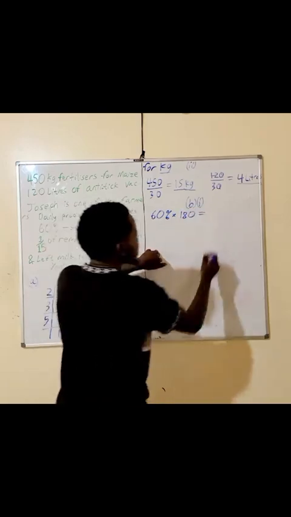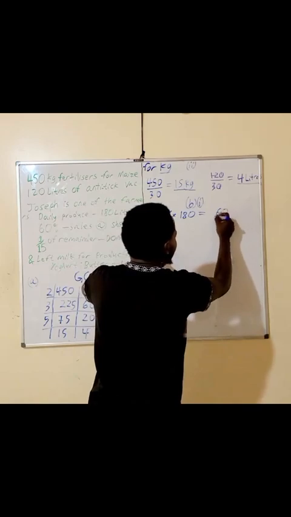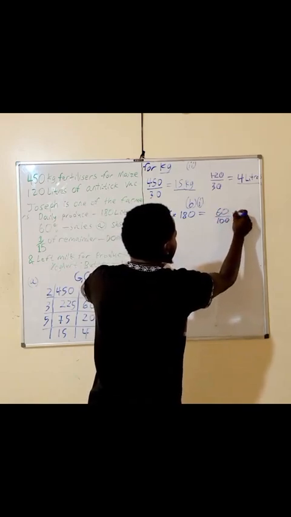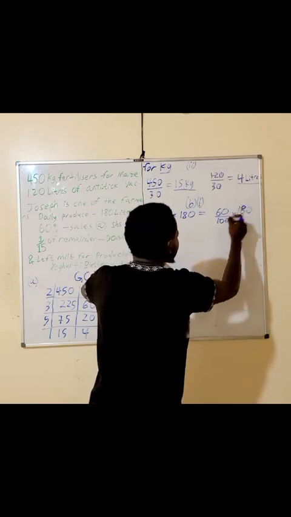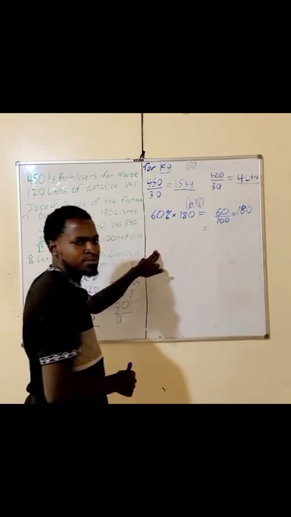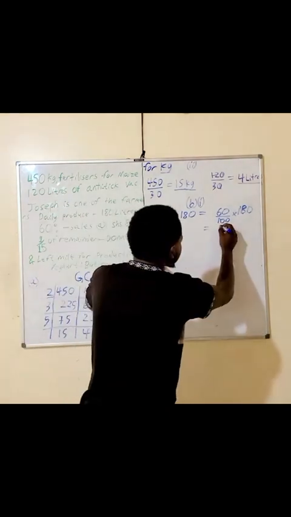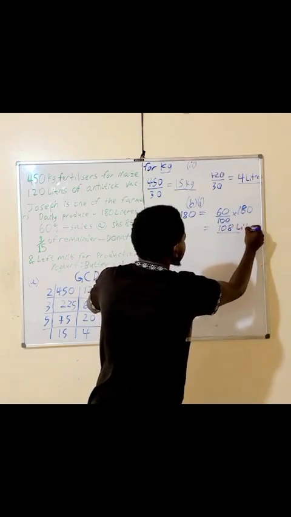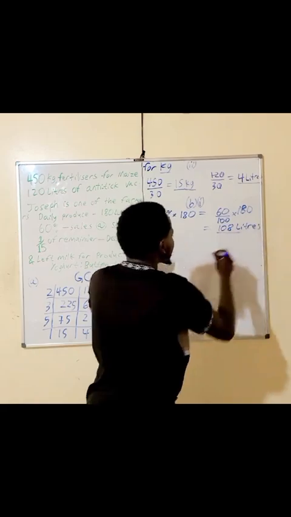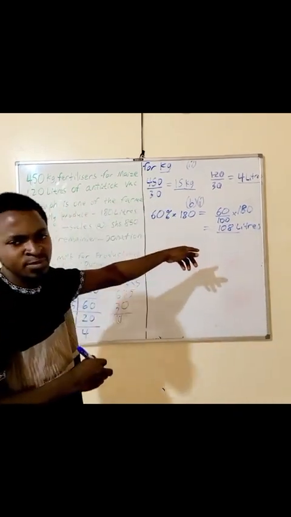You can write it as 60 over 100, then times 180. The answer you get is 108 liters. So he sold 108 liters.